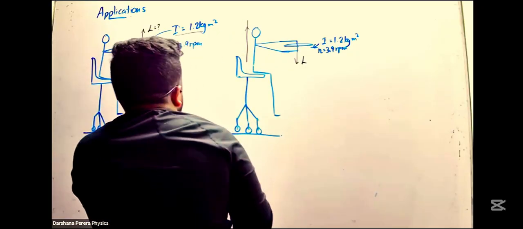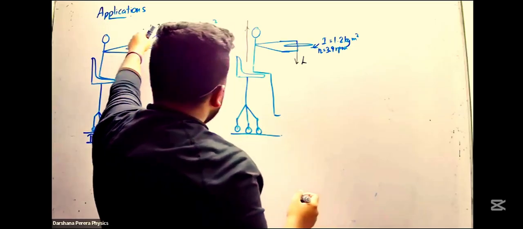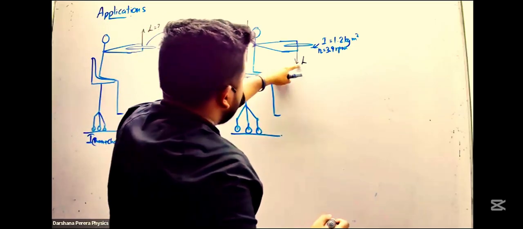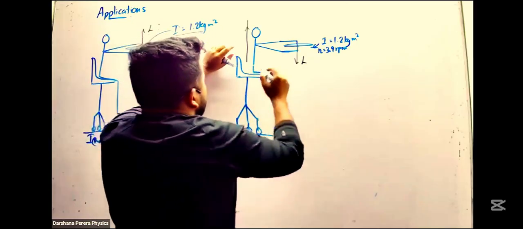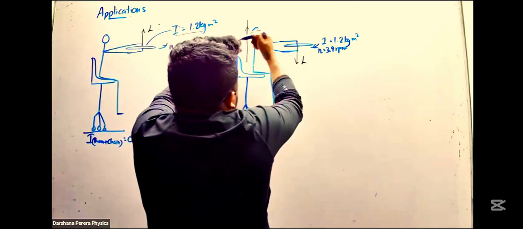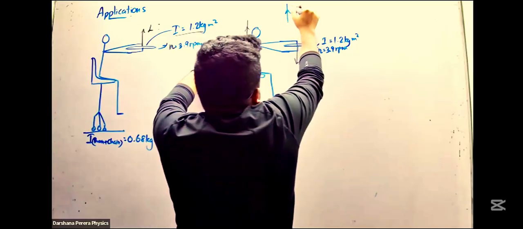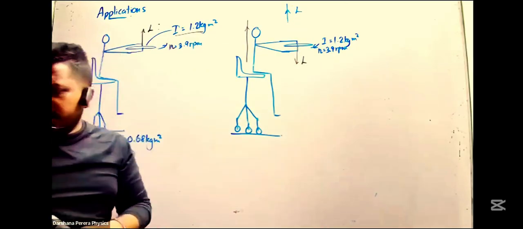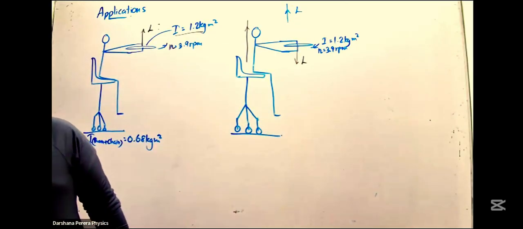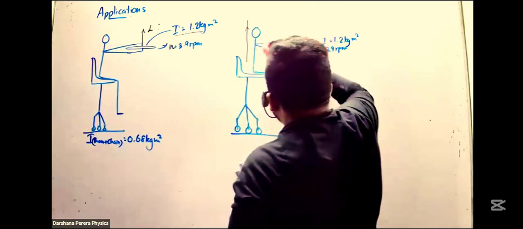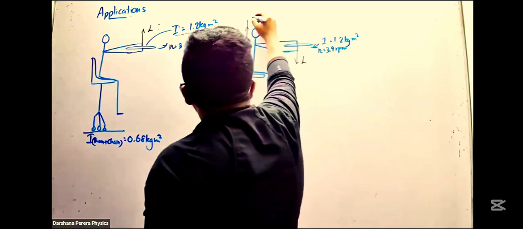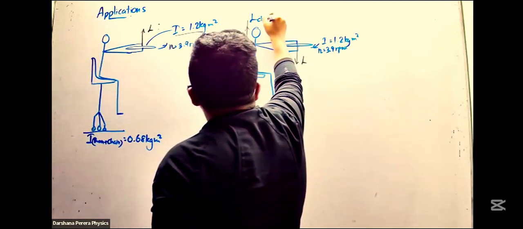We take L upwards, but now L is downwards. After the final system, the L should be upward, similar to the initial one. Therefore, we have to find L chair.